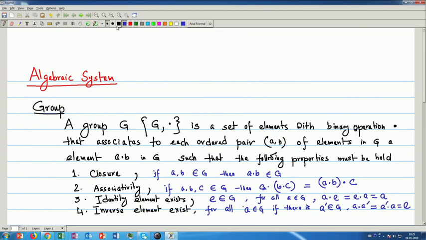Now, see, this is the property we have added over the monoid, and we say that then this forms a group.